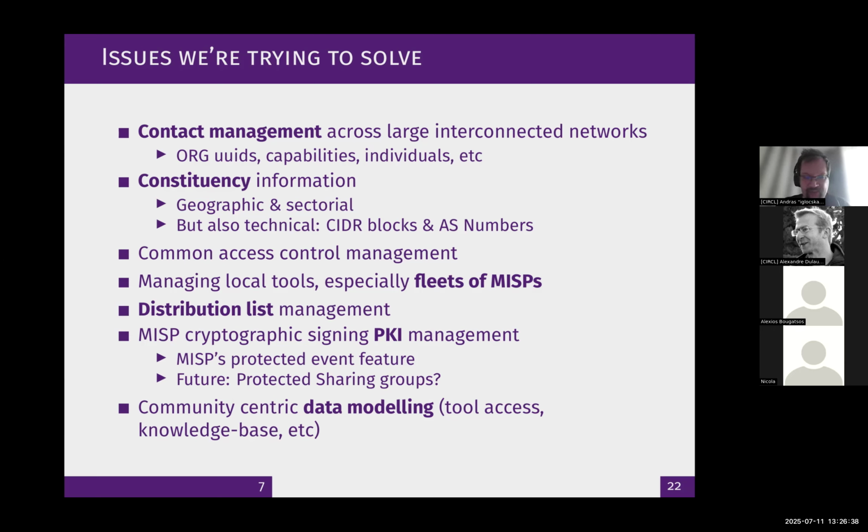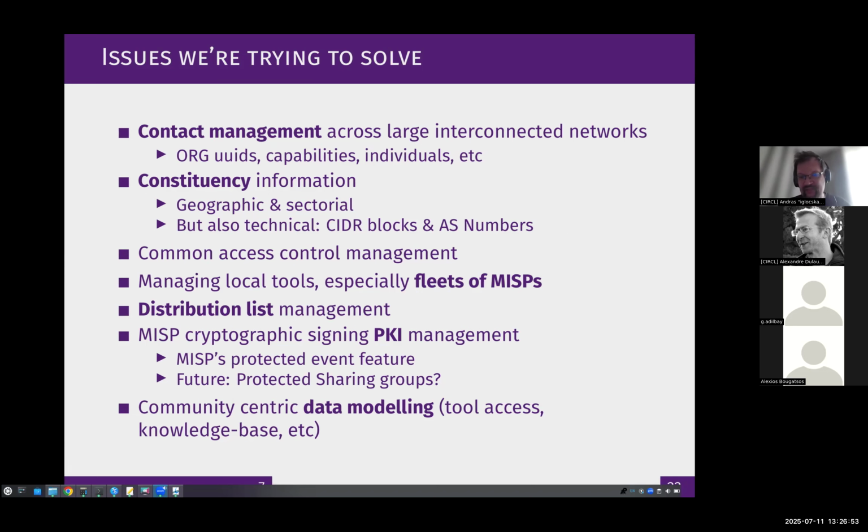I already touched a little bit on the community-centric data modeling part. What this entails is basically the ability to create community-based meta information libraries. That means if you want to specifically describe certain data points that get assigned to organizations or individuals, you can absolutely do that.